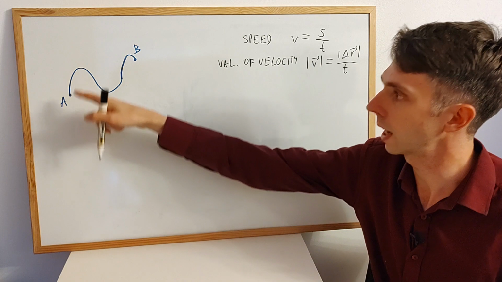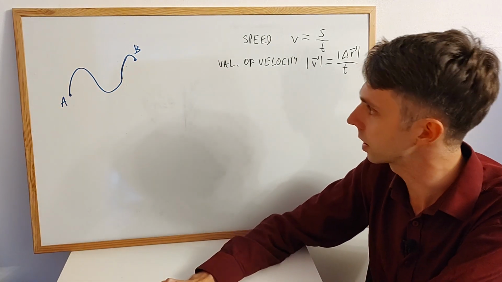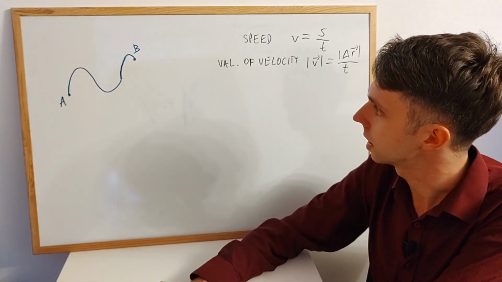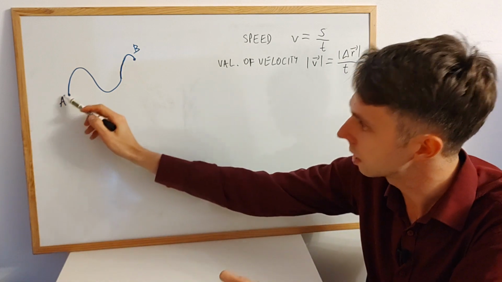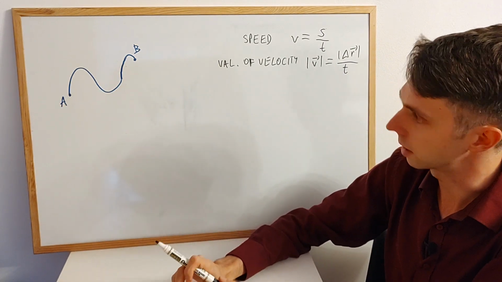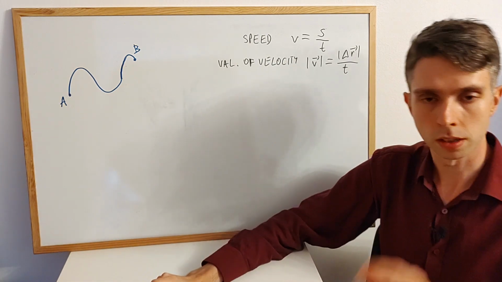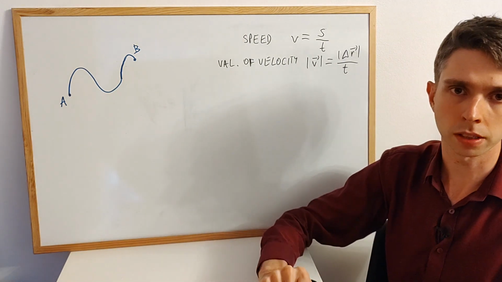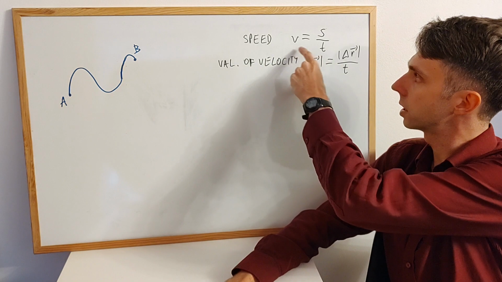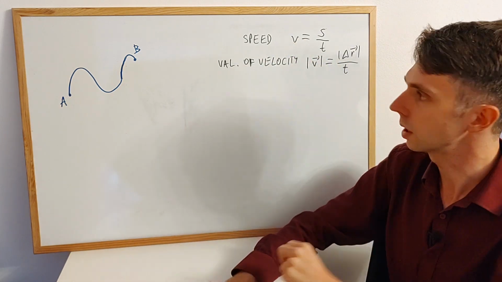So if you have such a winding trajectory with so many turns, then of course distance is very different from the displacement. But the more straight the trajectory is, or the shorter piece of trajectory you choose, these quantities according to these definitions will be closer.